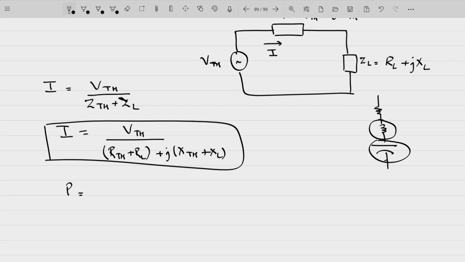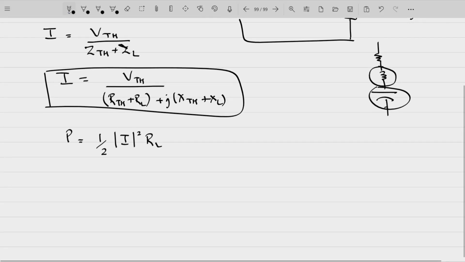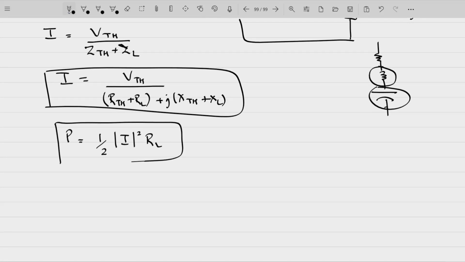That means only the load resistance will consume power. So the average power consumed by the load will be equal to 1/2 of modulus of I squared times RL, where modulus of I squared was actually I into I conjugate. Instead of writing that, we can also write modulus of I squared into RL. So this is the power that is actually consumed by the load.